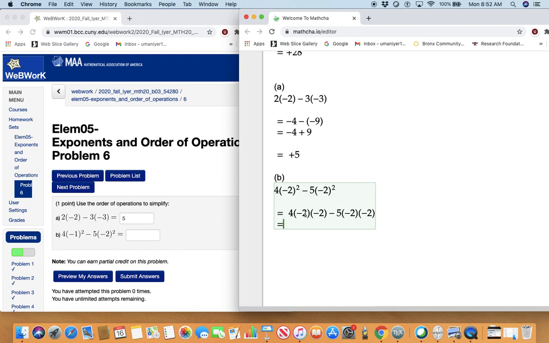So when I multiply, that's a 4. So there is a 4 from before and a plus 4 because of these two numbers here. Minus 5 times, same story, negative 2 times negative 2 is a plus 4. So, which gets me? Now multiplication takes precedence over subtraction. So 4 times 4 is 16 minus 5 times 4 is a 20.